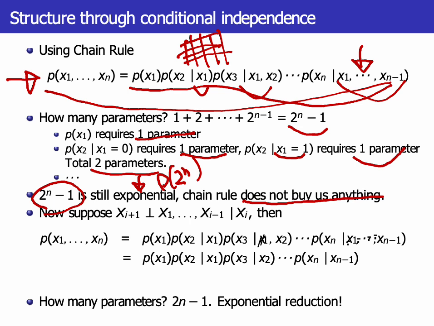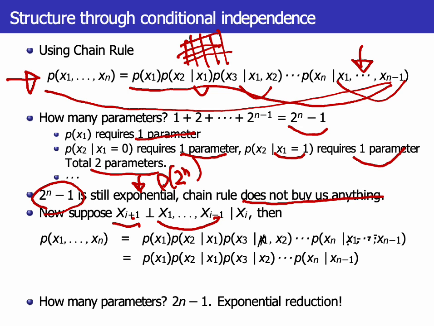So now we suppose x_{i+1} and x1 to x_{i-1} are independent. So this is Markov. So x_{i+1} only depends on x_i. This is the Markov model.